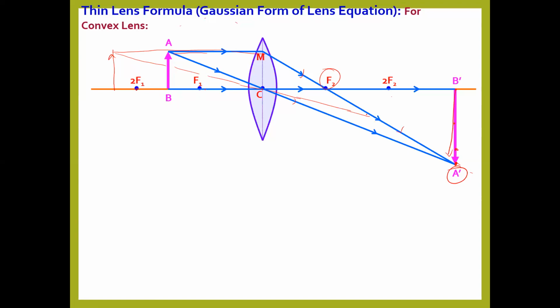So you see that when the object is nearer, the image is near. When the object is placed between 2F and F, the image is formed far from 2F.